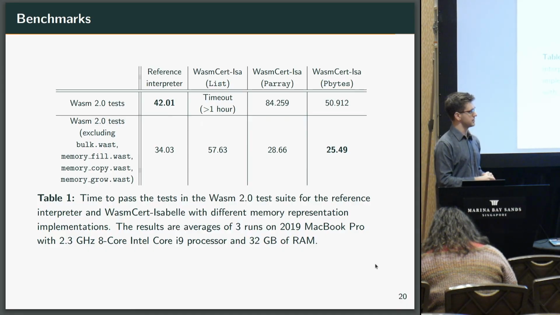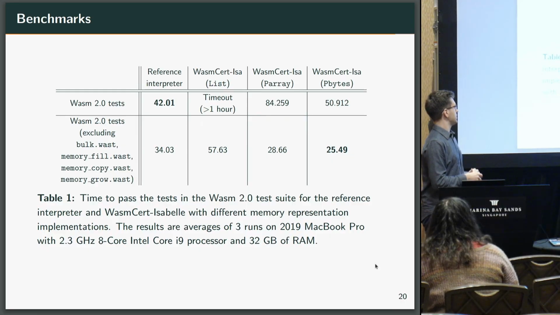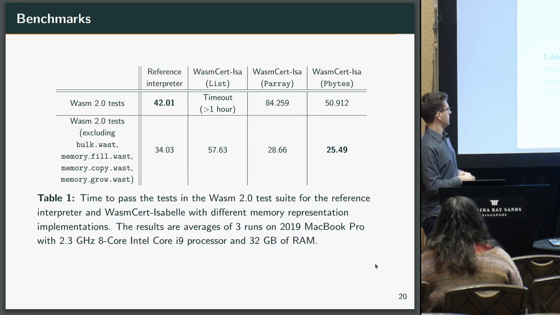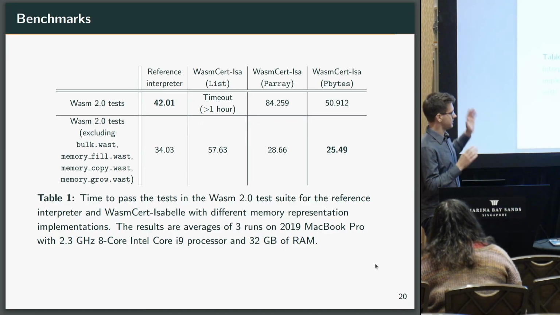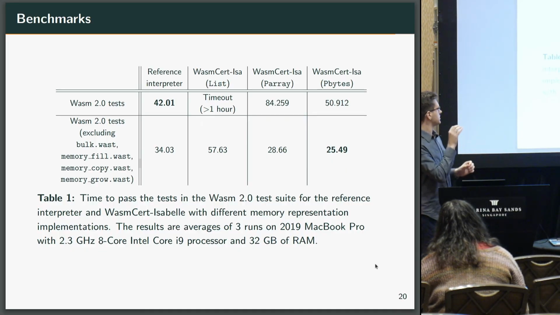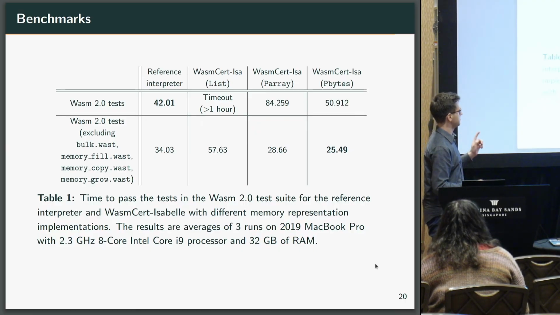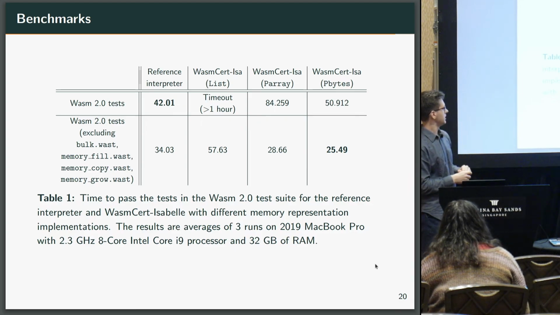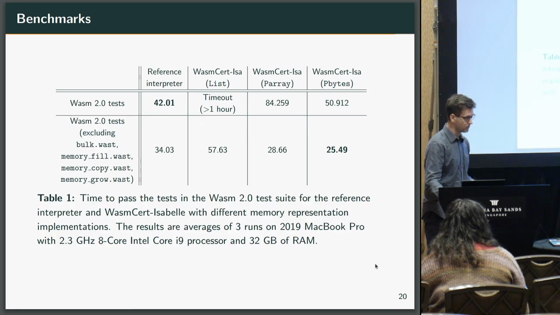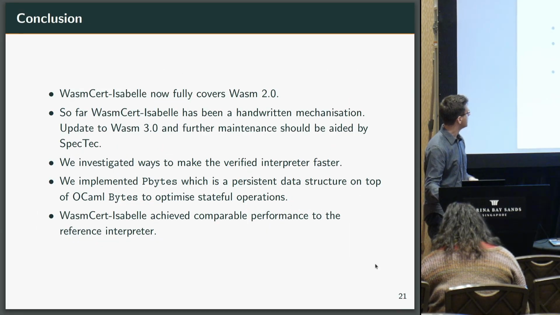WasmCert-Isabelle with p-bytes is 20% slower, and WasmCert-Isabelle with list takes a reasonably long amount of time. If we exclude some tests that heavily utilize the bulk memory operations, we actually can get WasmCert-Isabelle to be faster than the reference interpreter.